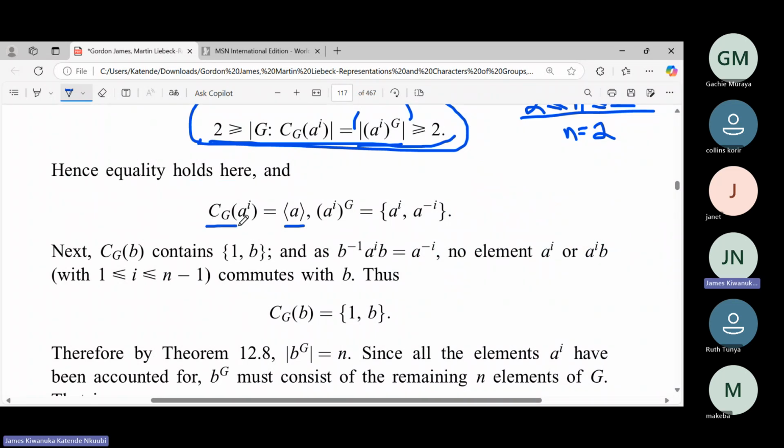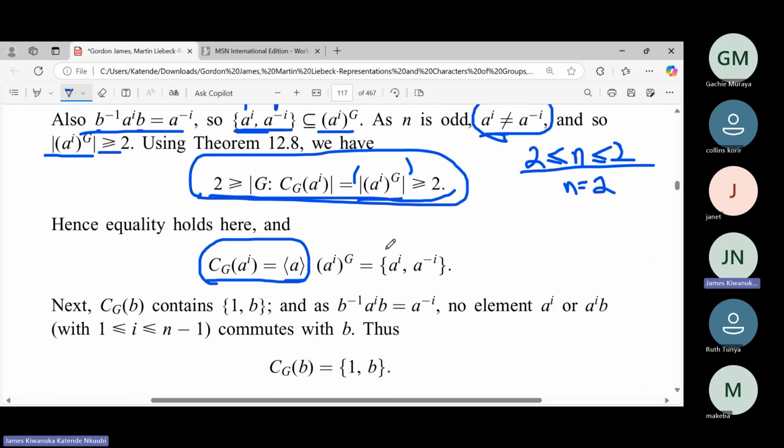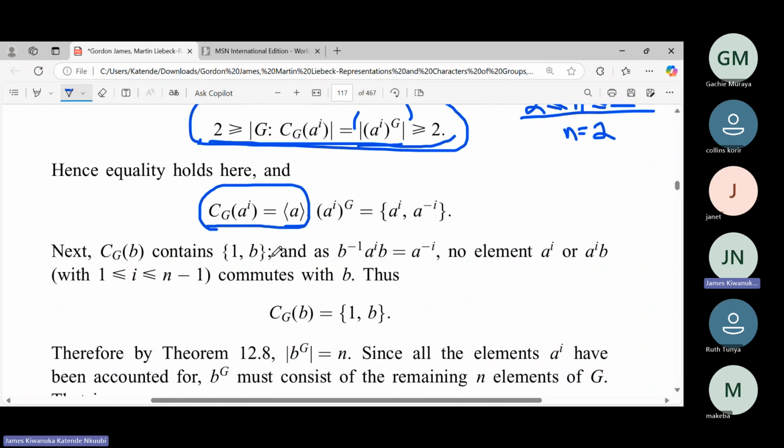Why is this true? Why is the centralizer of A^i the cyclic subgroup? Because the other elements will not commute with A. The only elements that commute with A are the powers of A. So it's a cyclic subgroup generated by A. So the centralizer of this element, A^i, is just the cyclic subgroup generated by A.